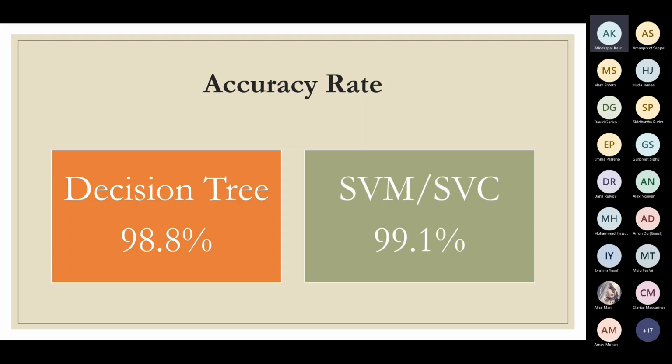We investigated the results of their accuracy rates as a starting point for our comparison. Decision tree classifier gave an accuracy rate of 98.8%, whereas SVM gave 99.1% accuracy rate. So this result shows that both models performed well, where SVM predicts with a slightly higher accuracy.